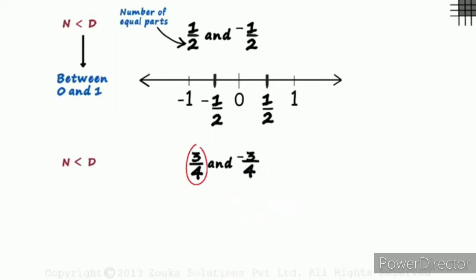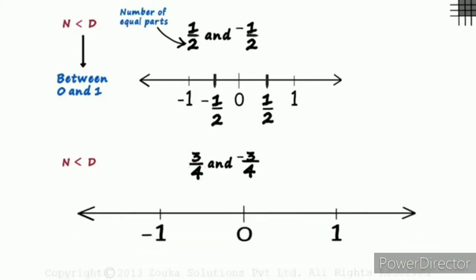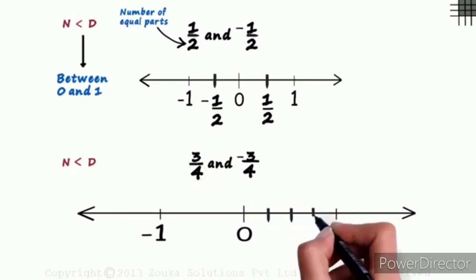Let us plot 3 by 4 first. Since the numerator is less than the denominator, we know that the number will be between 0 and 1. So we draw the number line like this, with just 0 and 1 plotted. Remember, the denominator tells us the number of equal parts. Since the denominator is 4, we divide the length between 0 and 1 into 4 equal parts.